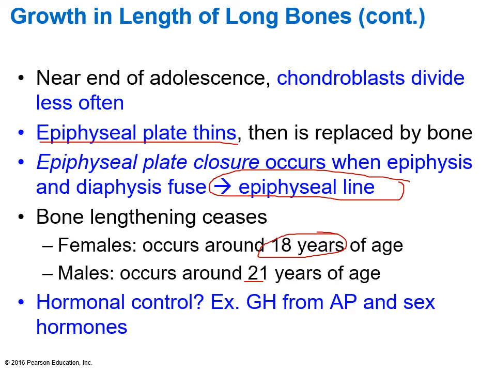There have also been studies showing that if patients in puberty start taking steroids or artificial testosterone, it can actually speed up the closing of the epiphyseal plate, allowing for a shorter stature to be the end result of that particular consequence.